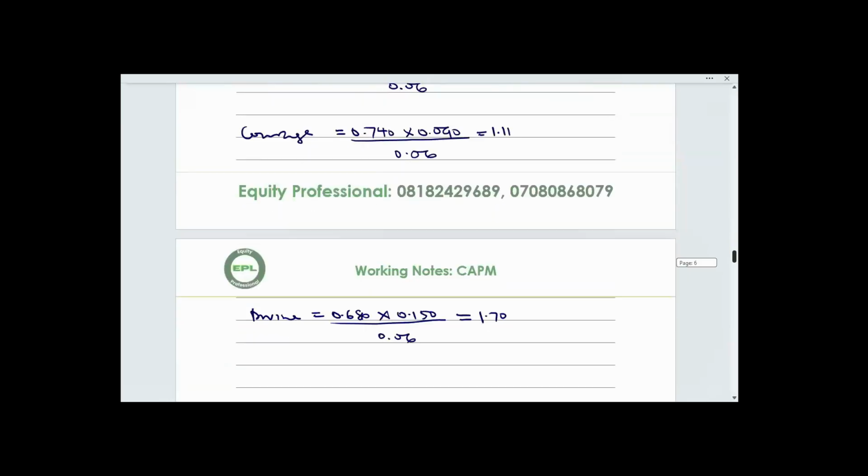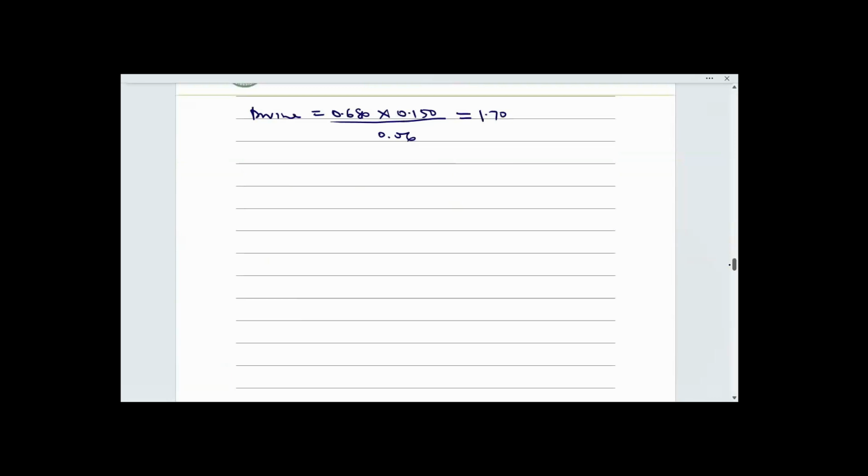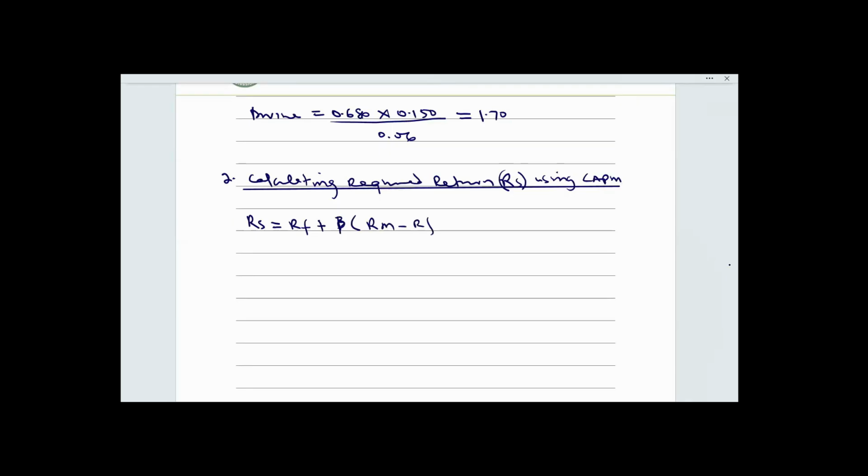We need to calculate the required return of each individual security, RS, using CAPM. Required return equals risk-free rate of return plus beta times market return minus risk-free rate of return.